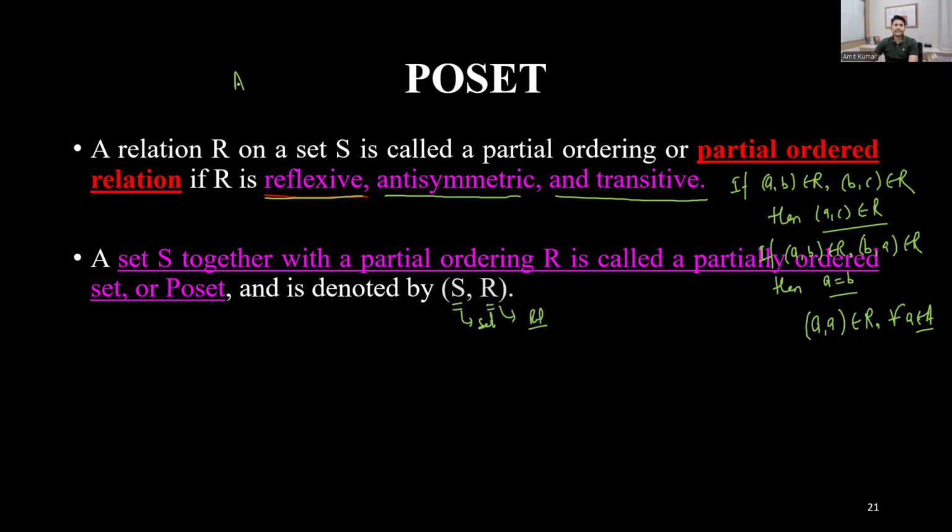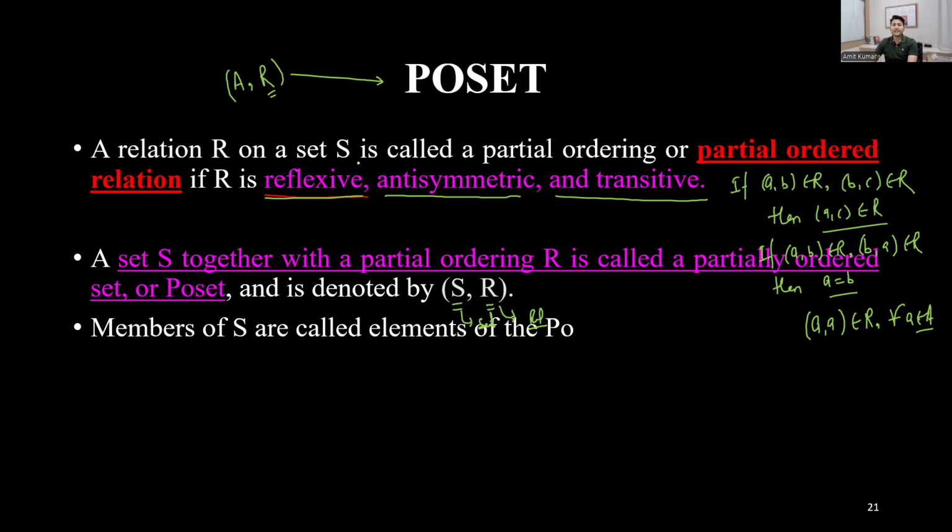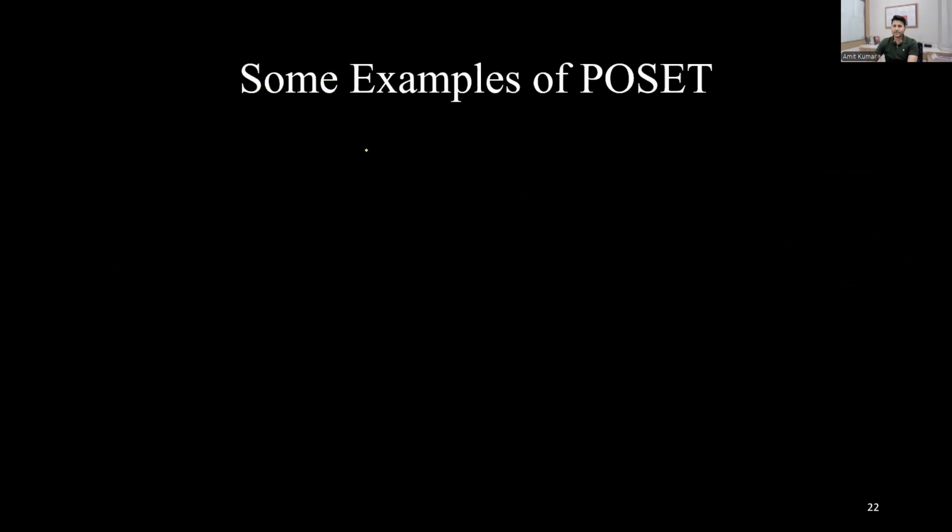So any set with a relation which is partially ordered is called a poset, or partially ordered set. Whatever elements are there in S are called the elements of the poset.